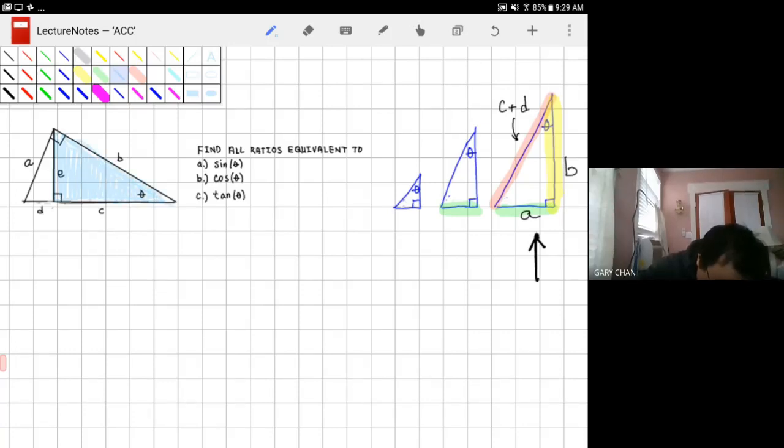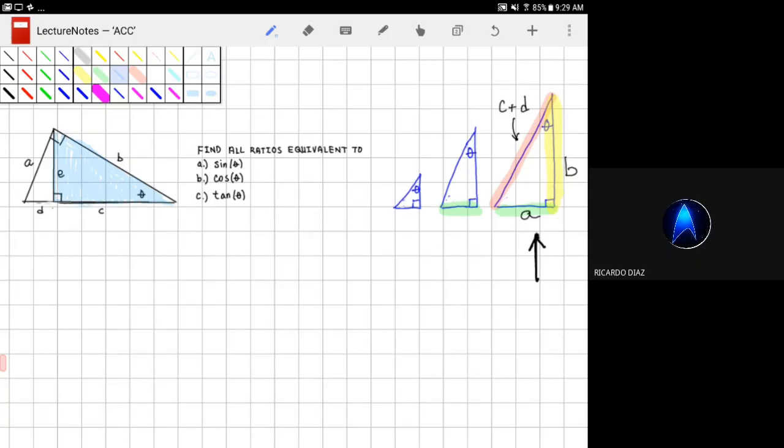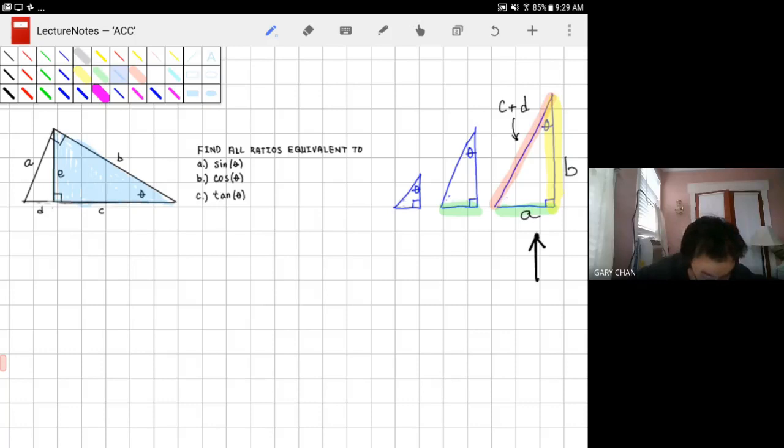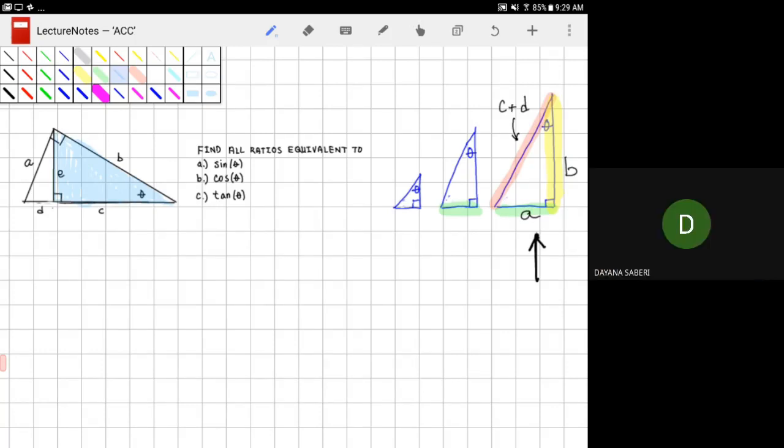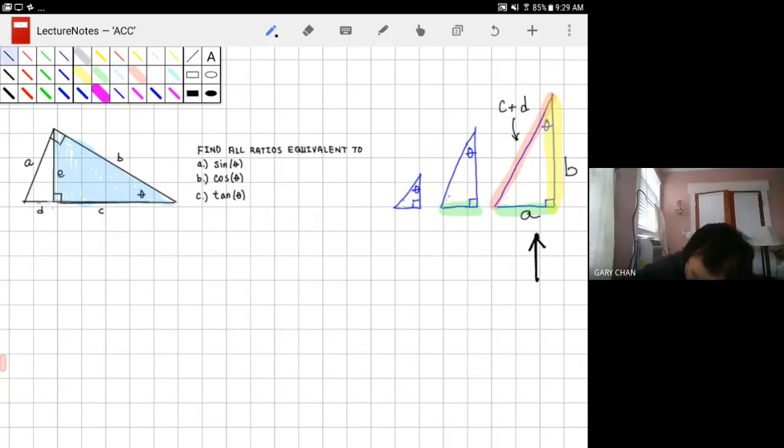Diana, do you have an idea which side is opposite of theta in that triangle? That would be E. It would be E, so I want to label this as E. This side length, which I'm doing in green, is this length right there. And then the hypotenuse.